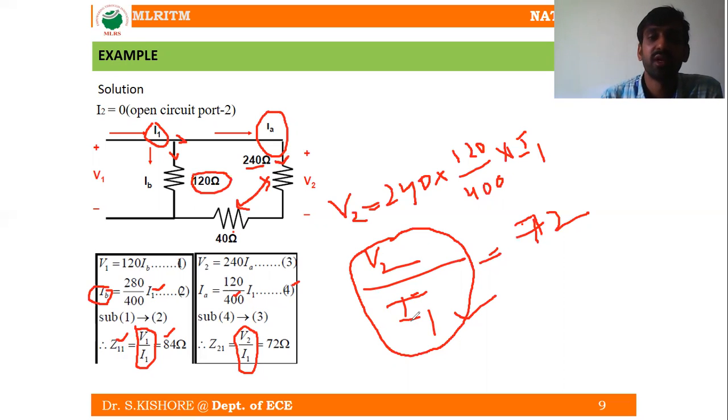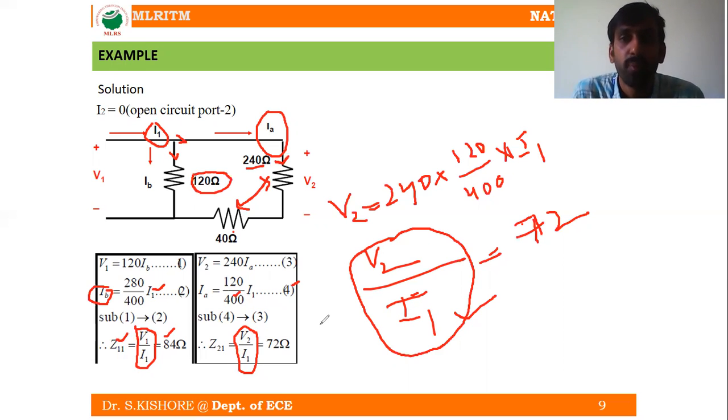As it is the output voltage to the input current, it is nothing but a forward transfer impedance, or an open circuit forward transfer impedance. Z21, which we have defined already. So Z21 is equal to V2 by I1 is equal to 72 ohms. So this is going to be our open circuit forward transfer impedance.